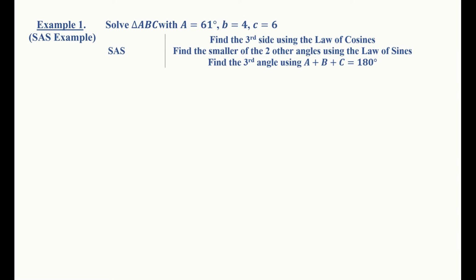All right, so here we have a problem that we should be able to handle with the law of cosines. The ambiguity that can exist with SSA type problems, which we handle with the law of sines, does not exist with SAS type problems and the law of cosines, and therefore a sketch is not necessarily mandatory for these.